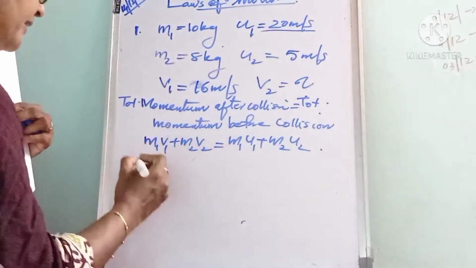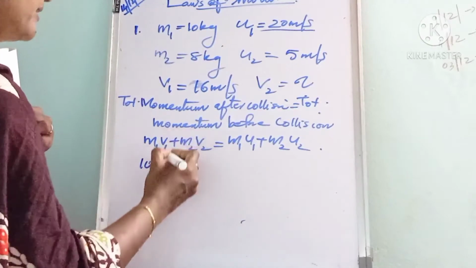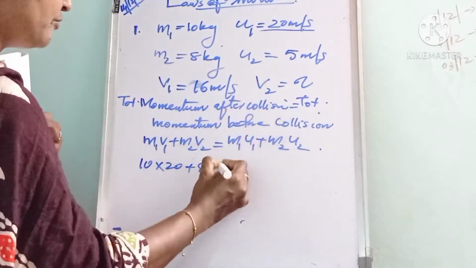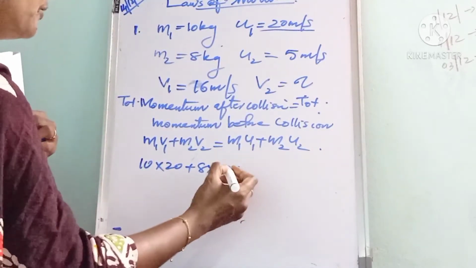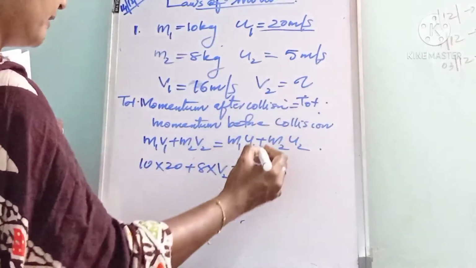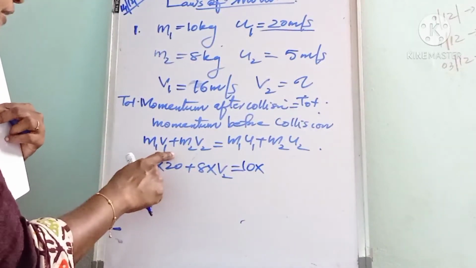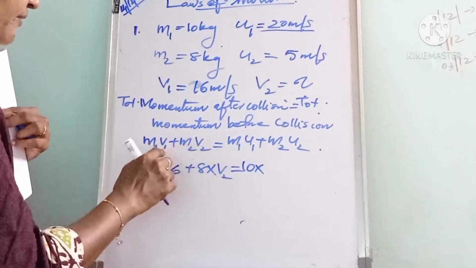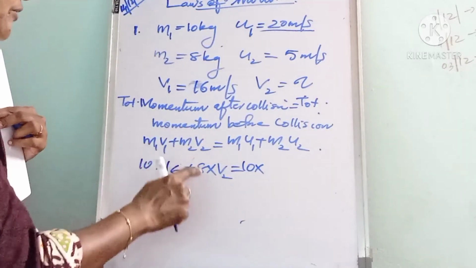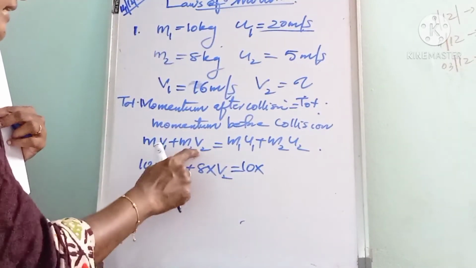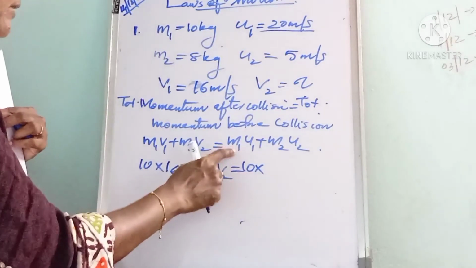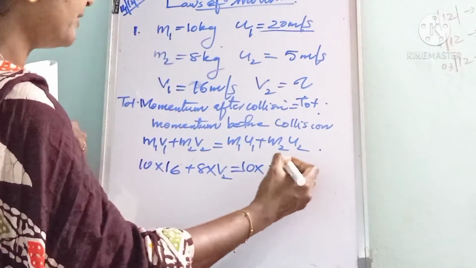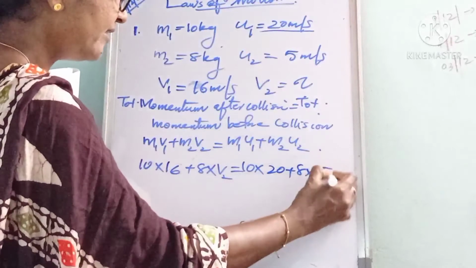Then we can substitute. m1 is actually 10, then v1 is actually 16, then m2 is actually 8 kg, then v2 we have to find, that is equal to m1 u1, m1 is again 10, then u1 is actually 20, plus m2 is again 8 into u2 is actually 5.